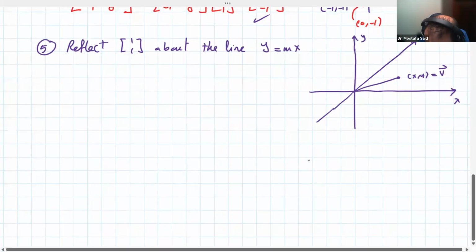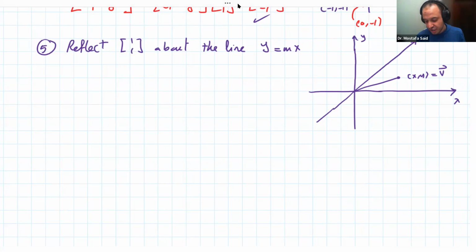This is y equal to mx. We're gonna assume that the angle between y equal to mx and x is theta, for example. So that's basically theta. And the angle between y equal to mx and the vector that we want to reflect is, for example, phi, or phi, whatever they call it.